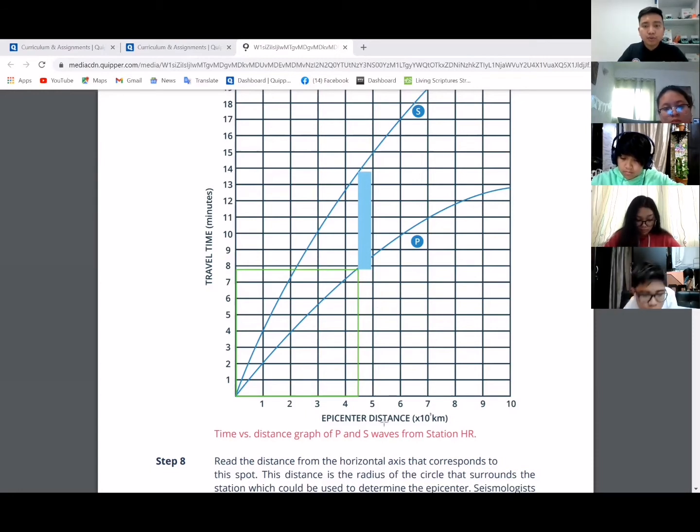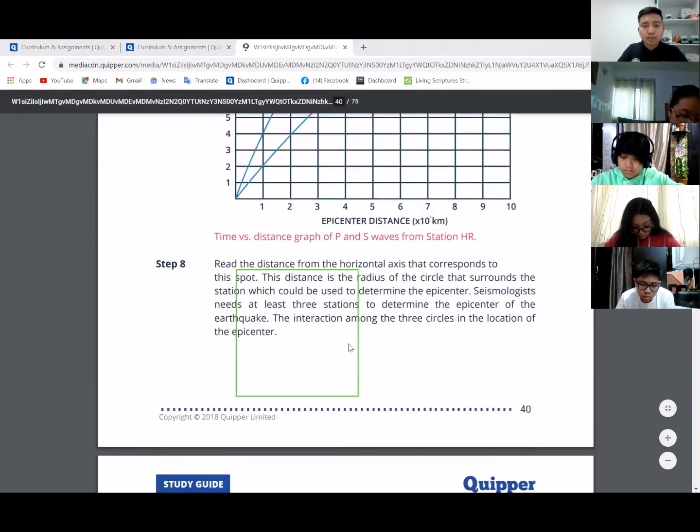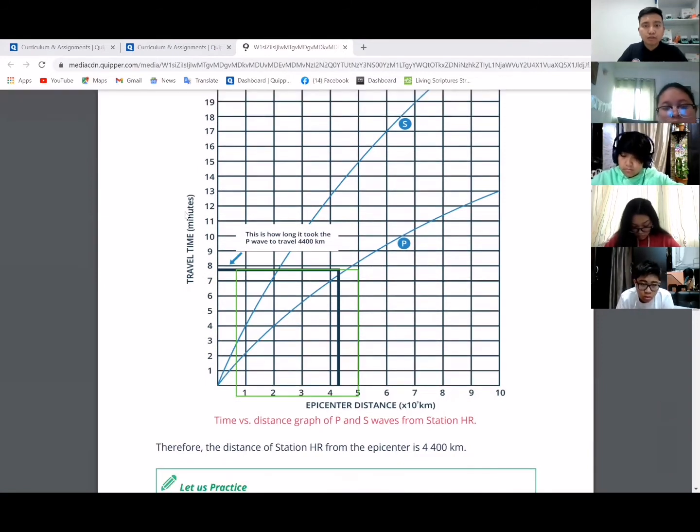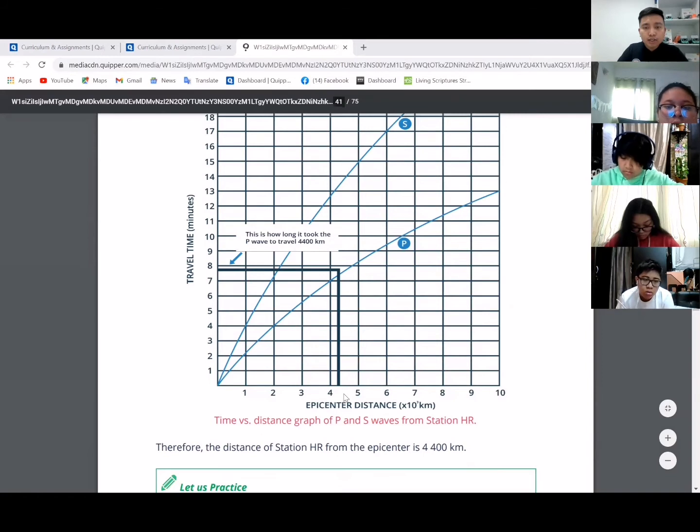So makikita nyo yung epicenter distance niya dito. It's in 4 and then almost half between 4 and 5. Di ba? Ayan. And then tingnan nyo dito. Ayan, so ganun ang ginawa dito sa part na ito. Medyo complicated to. Okay, ayan. So nandito siya. So na-mark nila, alright, almost half ng 4 and 5 dito.